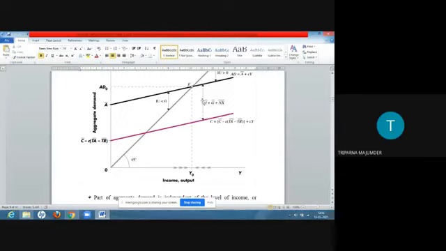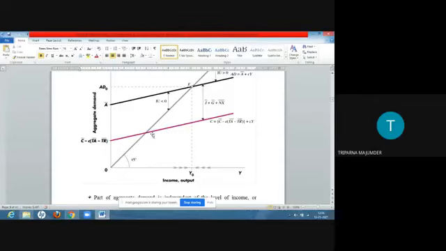That means the vertical distance between them remains constant whatever the level of income, because these do not depend on the level of income. Whatever the level of income, their values I plus G plus NX remain the same.